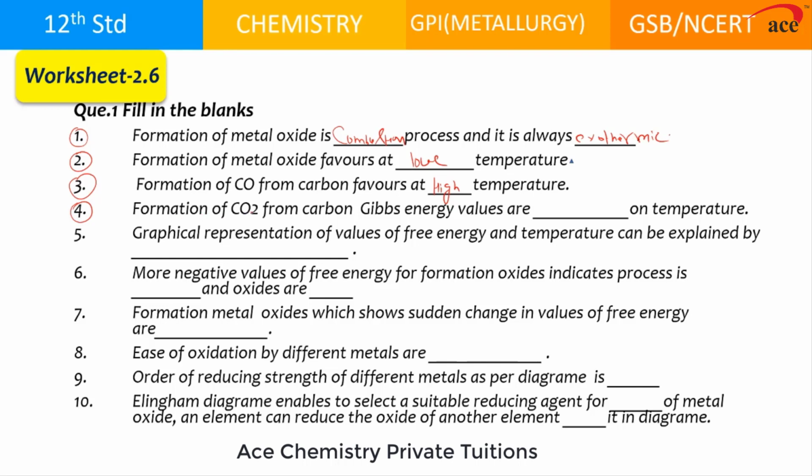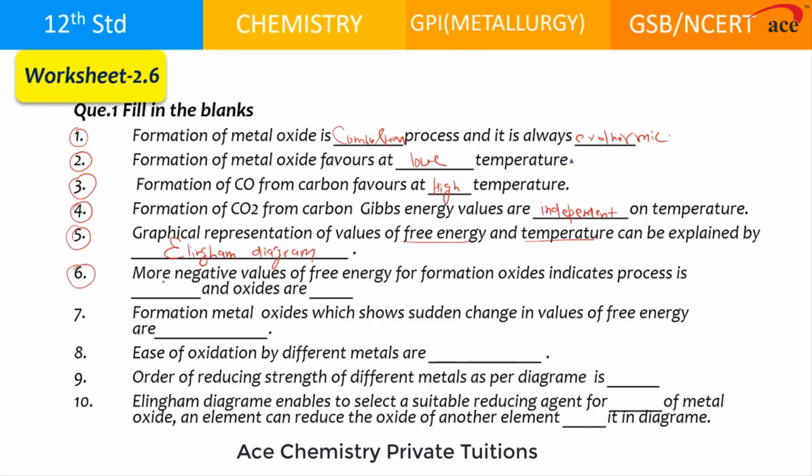Fourth, formation of carbon dioxide from carbon gives free energy values that are dash on temperature. Since there is no change with the temperature, we will say it is independent of temperature. Graphical representation of values of free energy and temperature can be explained by the Ellingham diagram.